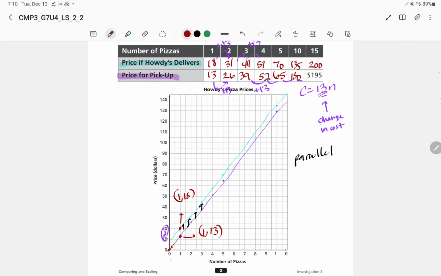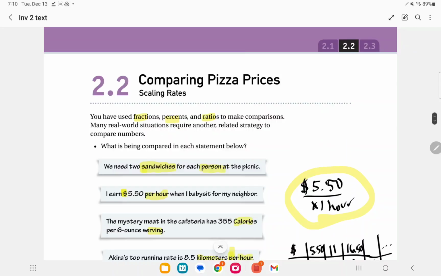So for the price for pickup for 0 pizzas, it would be 0, 0. But if you were to have them deliver it, it would be 0 pizzas, but you would still pay $5, because the delivery itself is still $5. Okay, that is all that I have for comparing pizza prices and scaling rates.